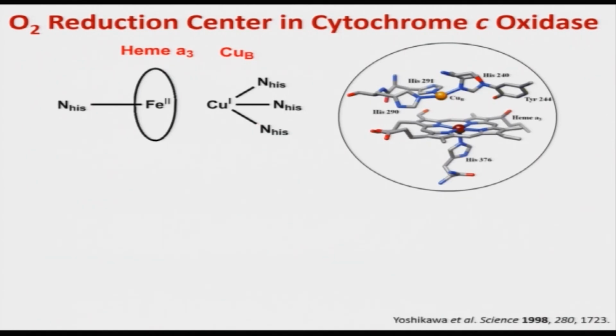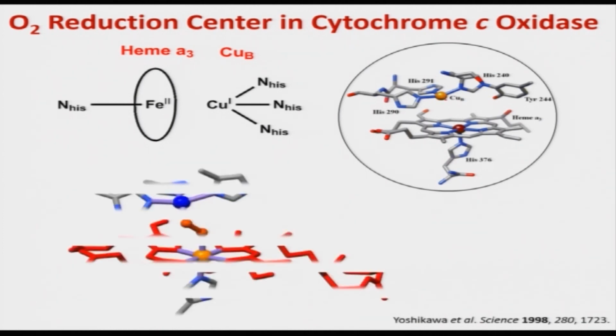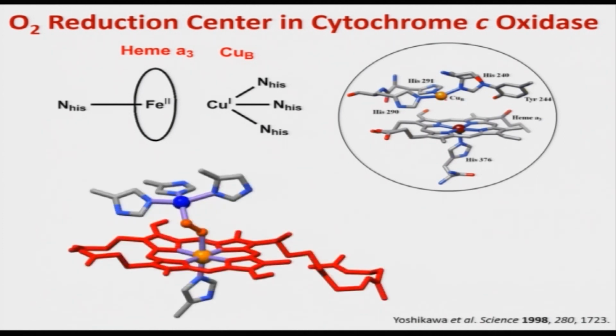The X-ray structure is shown here, and when it binds to dioxygen the X-ray structure has also been reported, and one can see that dioxygen binds between iron and copper, and thereby the O-O bond gets cleaved and it eventually converts to water. Unless one gives 4 protons and 4 electrons all at a time, dioxygen will not convert to water.